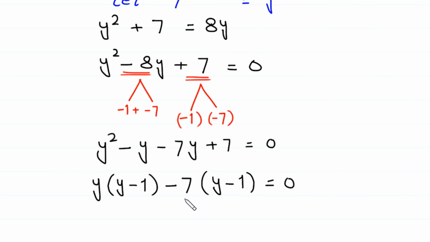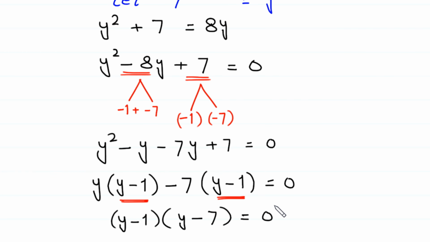Now from here you can see that y minus 1 is common. Y minus 1 as common times, in bracket left this y and this negative 7. Y minus 7 is equal to 0.